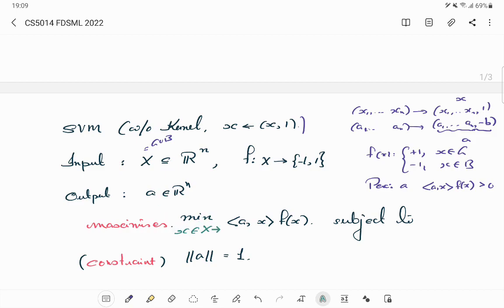Among all points, you find the point where this margin is the smallest, and then you find which A vector or which hyperplane will maximize that nearest point. In some sense we are trying to maximize the distance of the convex hull to the separating plane. That's what we are trying to do.